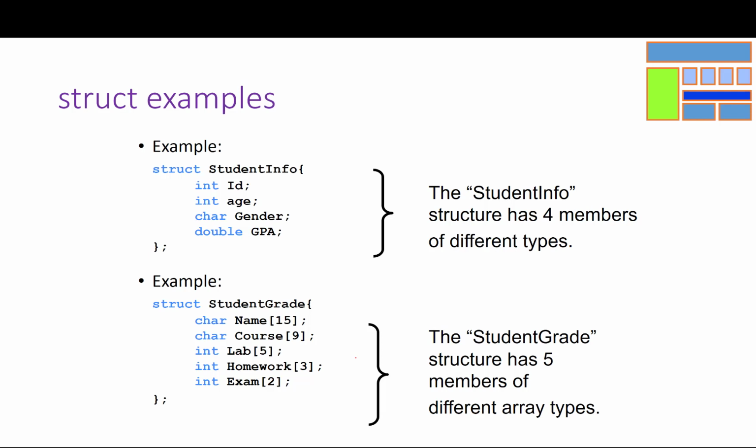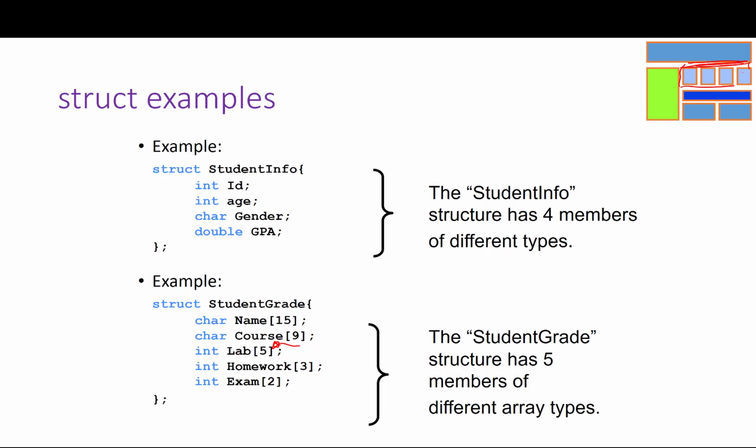Okay, and another example, student grade, char name, so we have here a string, right? Char course, which is the course name, and again this is a string, ent lab, and then here this is an array, right? As you can see, if you look up here in the symbol, you can have inside the struct an array, right? As you can see, the 4 squares there.